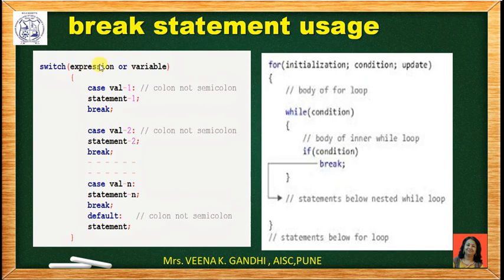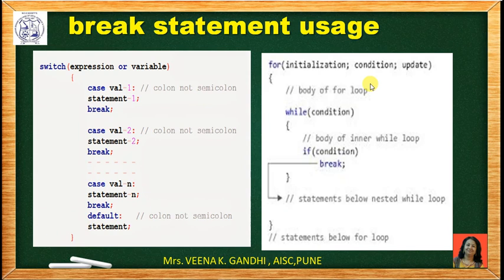Here the value of the expression or variable matches with the case value. Suppose for case value 1, statement 1 will be executed and when break occurs, control will transfer from the switch statement to the next statement after the switch.